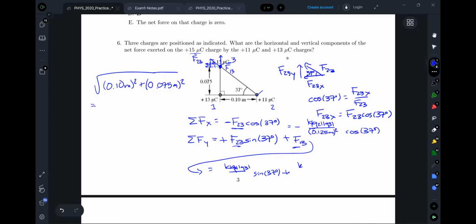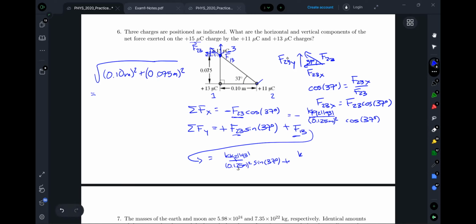And then this one, K, Q1, Q3 over this distance, which is 0.075 meters squared.